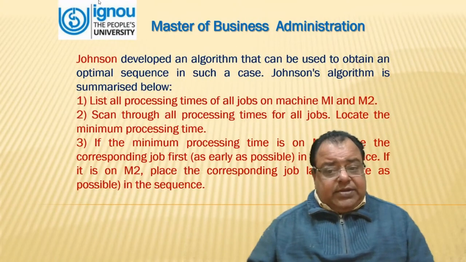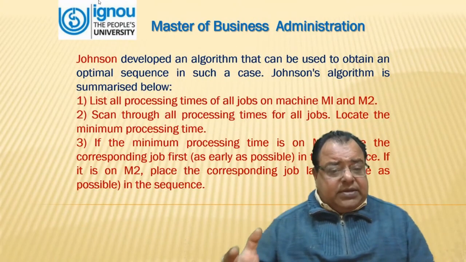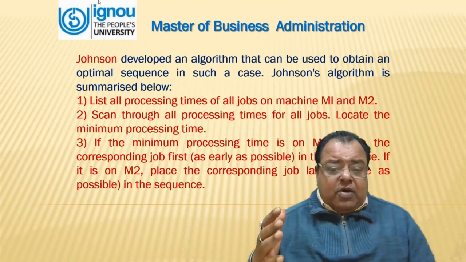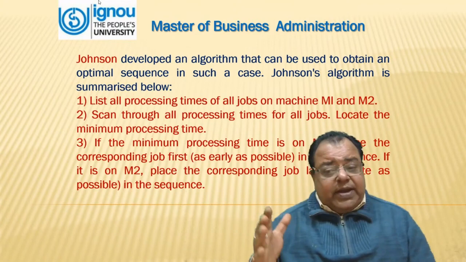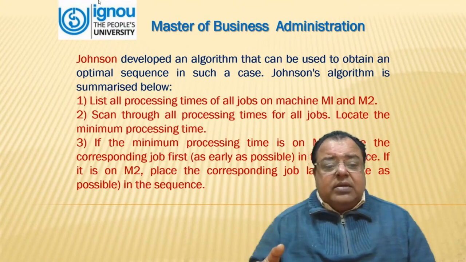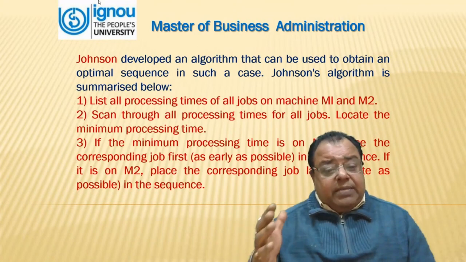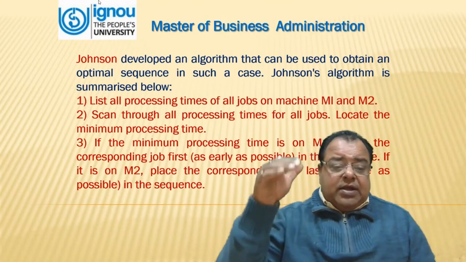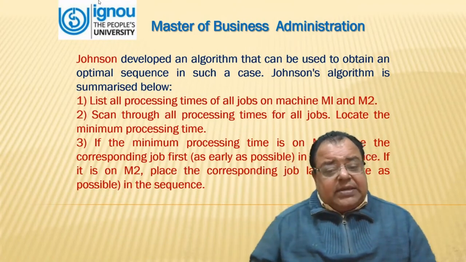In such a case, Johnson's algorithm is summarized as follows. List all processing times of all jobs on machines M1 and M2. Scan through all processing times of all jobs and locate the minimum processing time. If the minimum processing time is on M1, place the corresponding job first, as early as possible in the sequence.